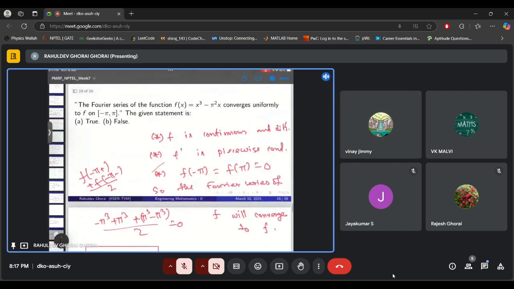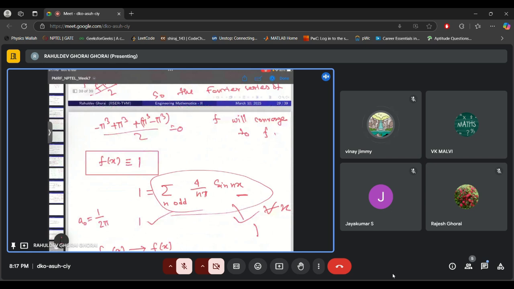And I will also say the interval: you can take 0 to pi, let's say. So 1 by pi, integral from 0 to pi of 1 dx, right? f(x) dx it was, right?